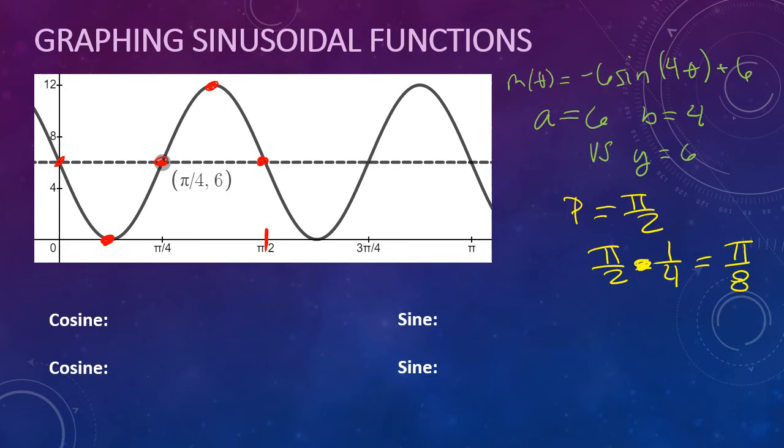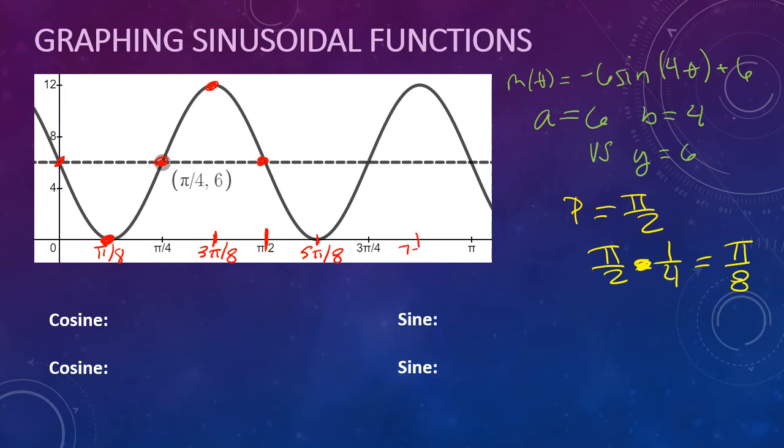To keep the rest of this super simple, I am going to label my whole horizontal axis by each quarter. Here I have pi over 8, this is 2 pi over 8, my maximum is 3 pi over 8, 4 pi over 8, 5 pi over 8, 6 pi over 8.